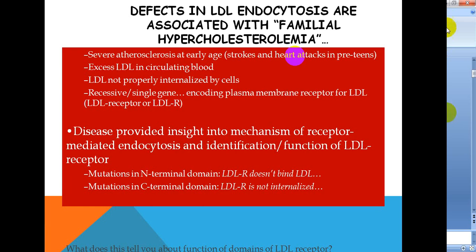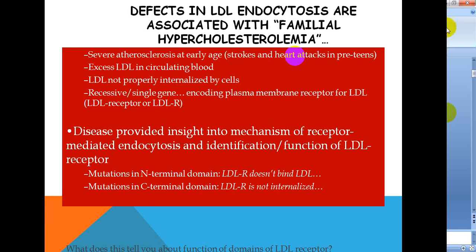It is recessive, and this LDL is not internalized due to a mutation in a single gene encoding the plasma membrane receptor for LDL.